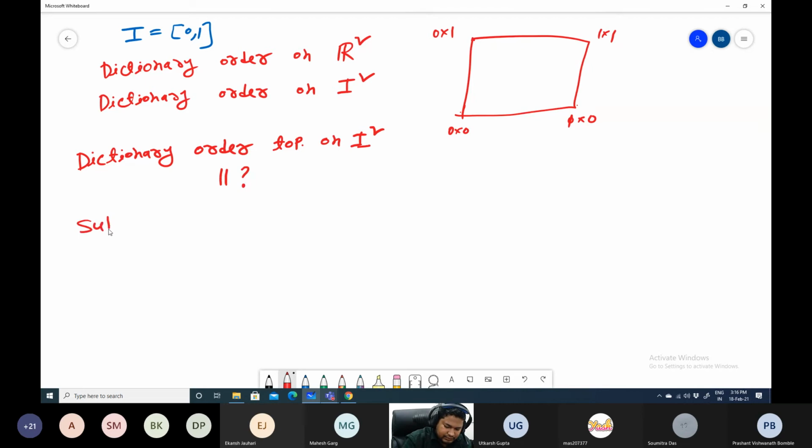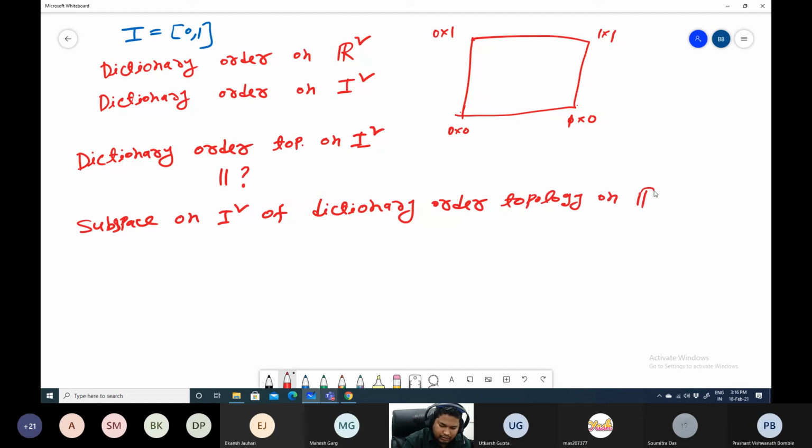That is the subspace on I2 of the dictionary order topology on R2. Now are they equal? Did you get what I'm saying? First you take the dictionary order topology on R2 and then take the subspace topology on I2. That means take their intersection.